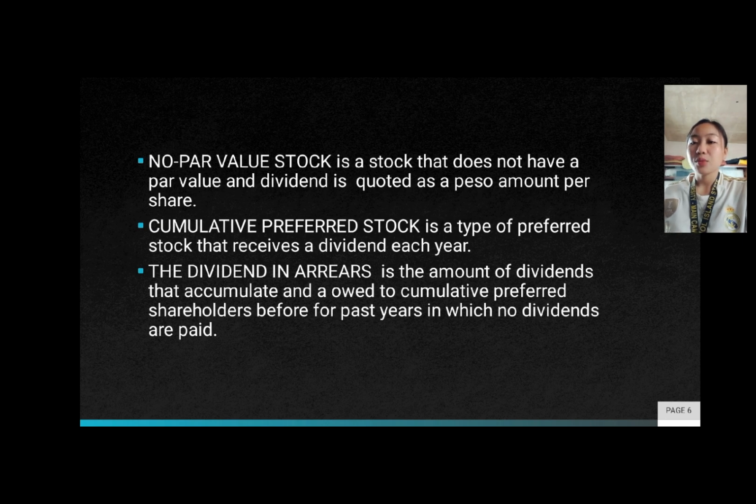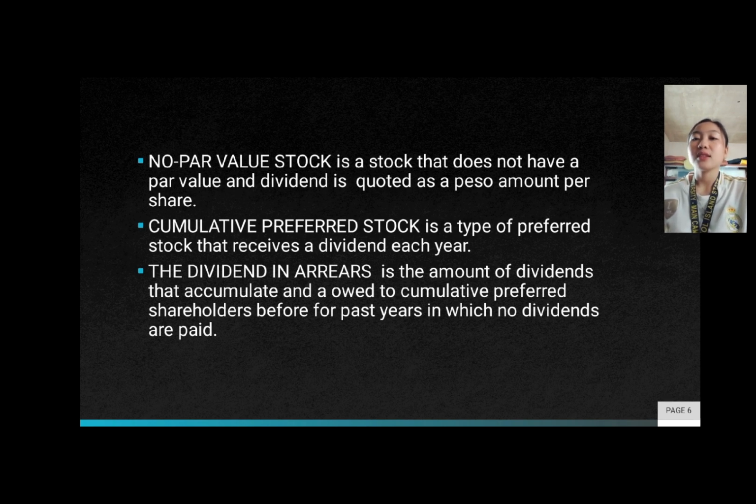Next is the cumulative preferred stock. Cumulative preferred stock is a type of preferred stock that receives a dividend each year. The dividend in arrears is the amount of dividends that accumulates and is owed to cumulative preferred shareholders for past years in which no dividends were paid.